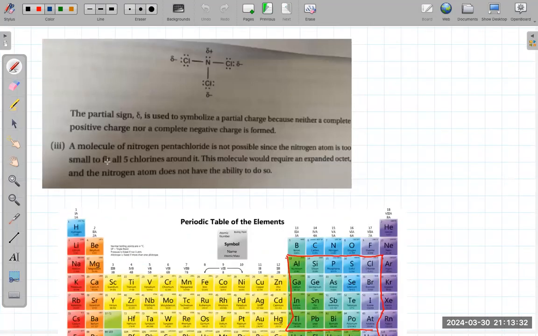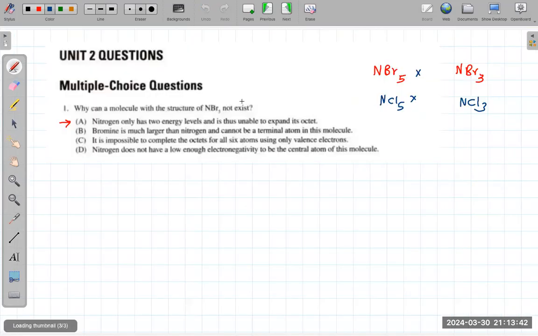So one of them is that because the molecule is too small to fit all the chlorine, and it requires an expanded octet, but it cannot do the expanded octet. So I'll say that the nitrogen is a small atom, smaller than the phosphorus, for example.